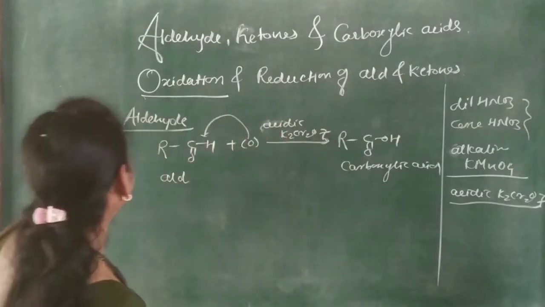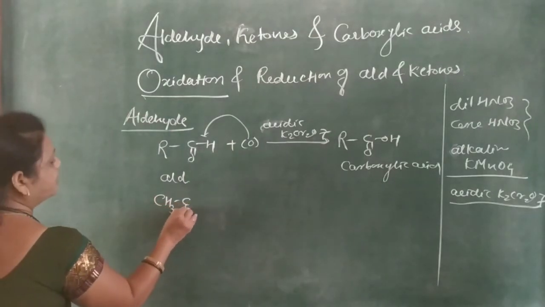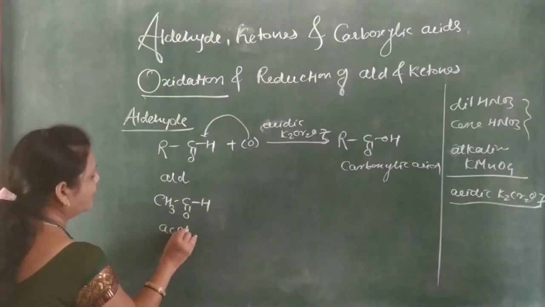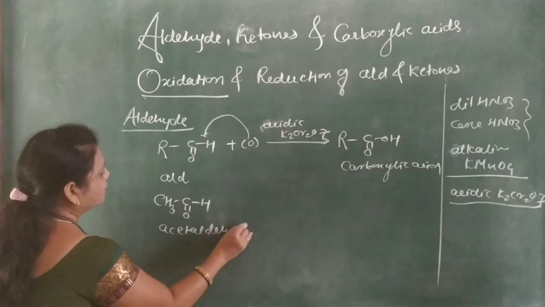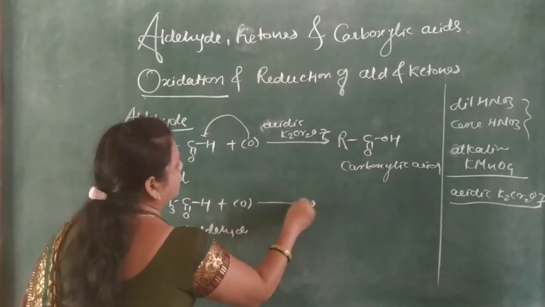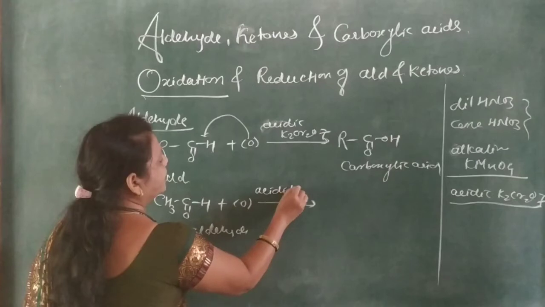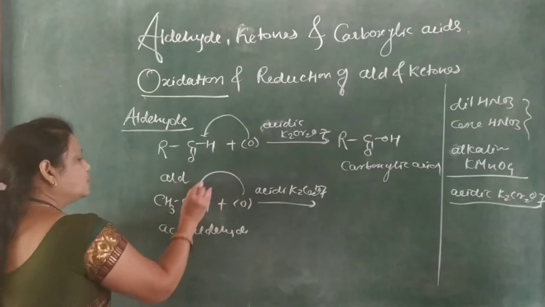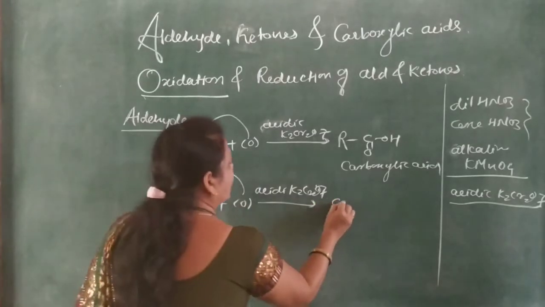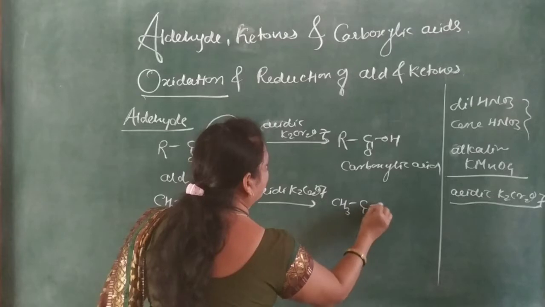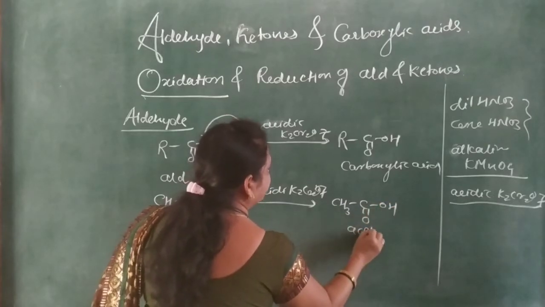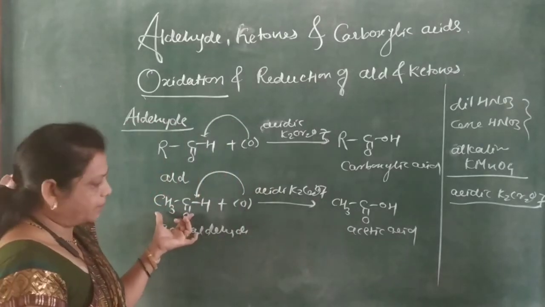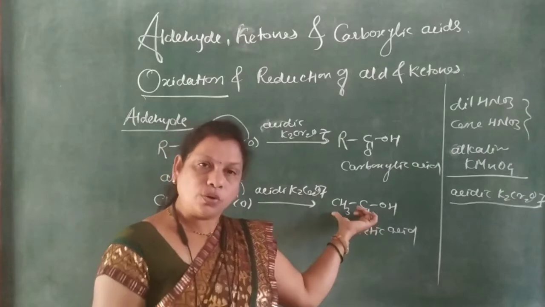For example, CH3C double bond OH. This is ethanal, or it is called acetaldehyde. Acetaldehyde on oxidation in the presence of acidic K2Cr2O7: here this O gets introduced between C and H, to form CH3C double bond OH. This is acetic acid. See, in the aldehyde there are 2 carbon atoms, and in the carboxylic acid it is also 2 carbon atoms.